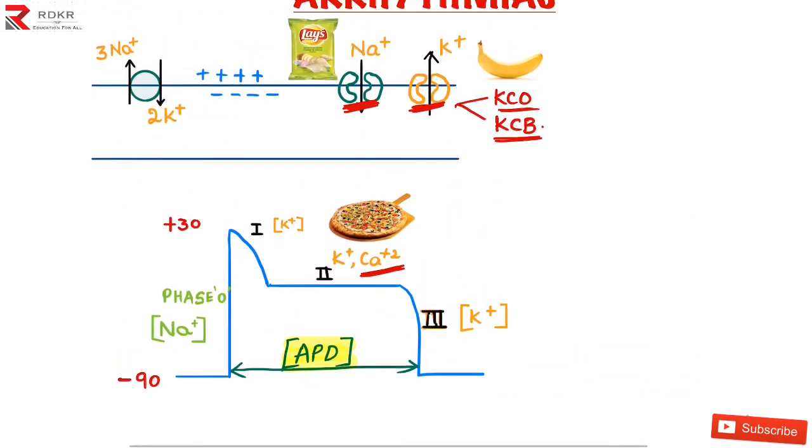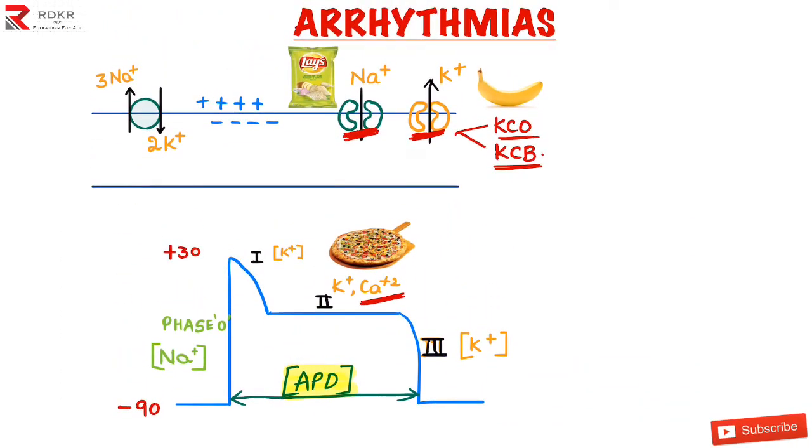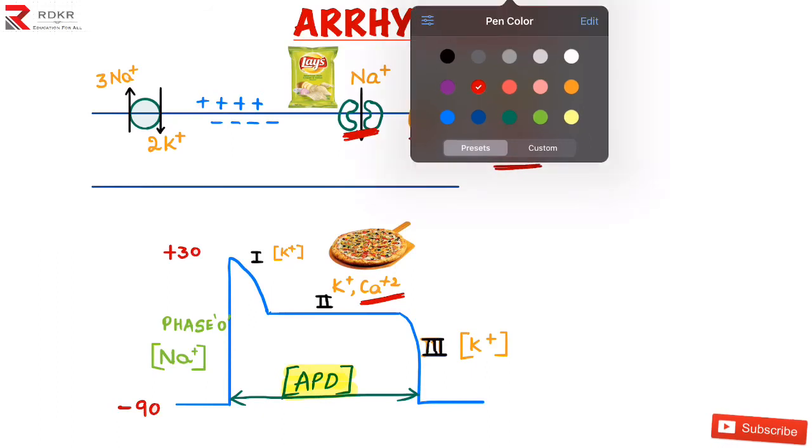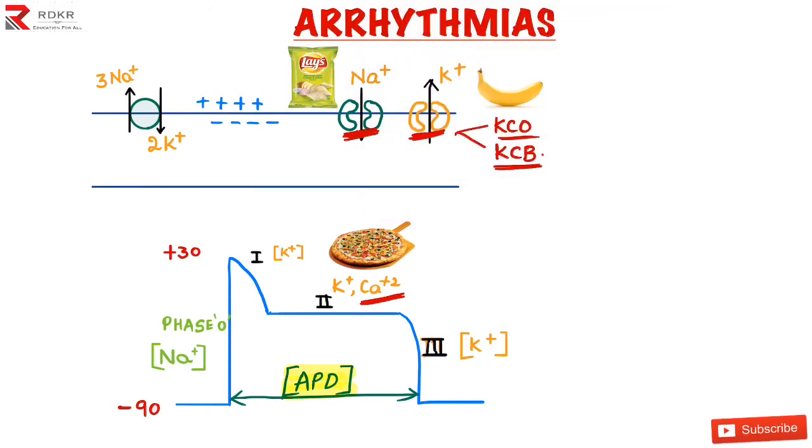Okay, now what happened? Now we are trying to block the sodium channels. That is the first thing, you are trying to avoid the Lays. So when you try to avoid the Lays, this slope will not be straight as in the first image. It becomes slant. So from here it bends like this. What happens? There is a decrease in the slope. This is because you are blocking the sodium channel.